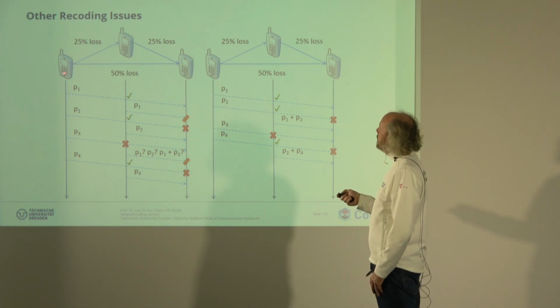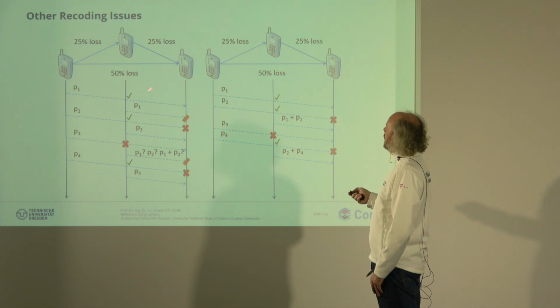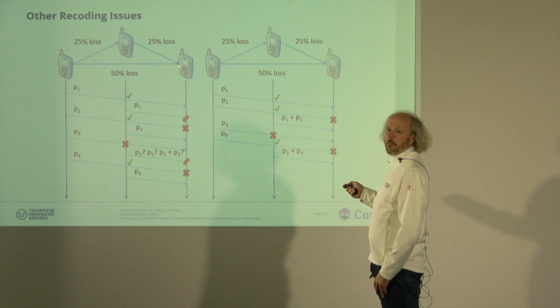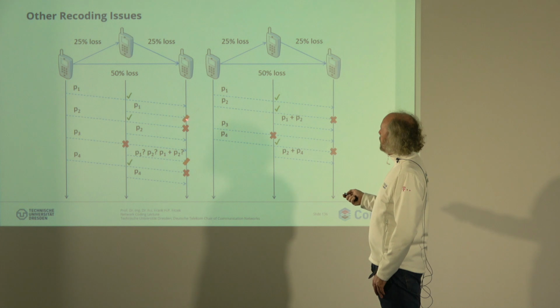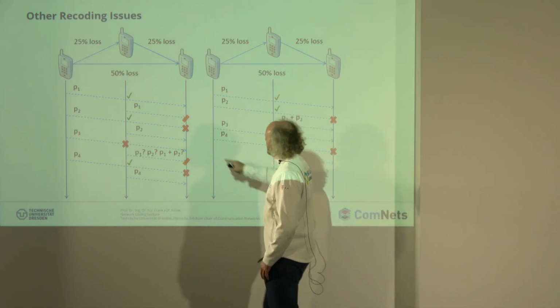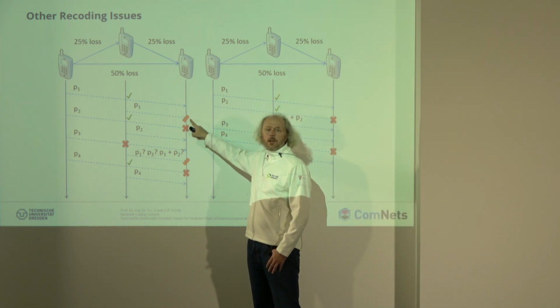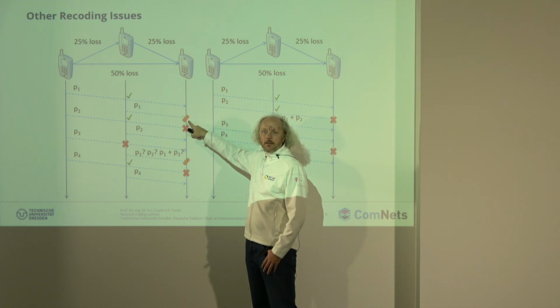If I send P1 and broadcast it, it will be received by the repeater, and it will also be received by him. So if I just forward this one again, P1, he will say, okay, it is successful, but it's useless because it's linearly dependent.